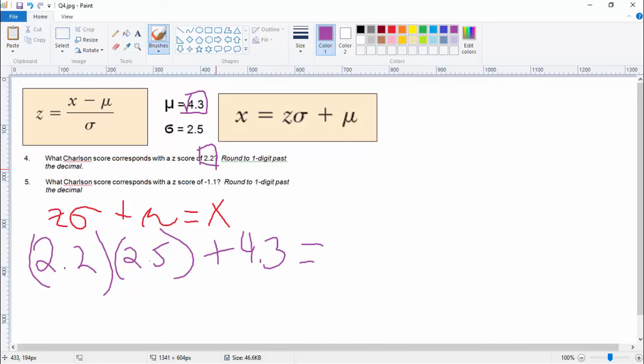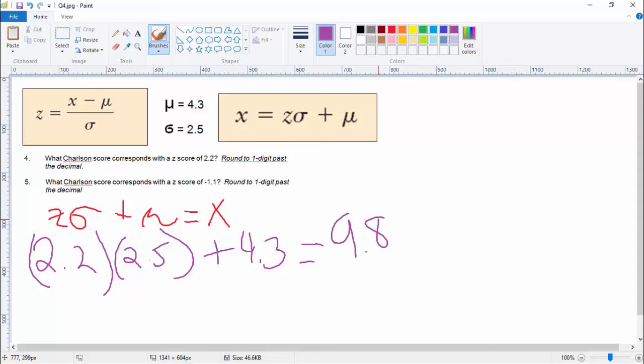I'm foreshadowing. This negative z-score, we're going to expect that to be below the mu, because that's just the way z works. Okay, well, I did this already for you because I didn't want to make a mistake on the video and get the totally wrong answer. So if you do this equation out, what you're going to get is 9.8.